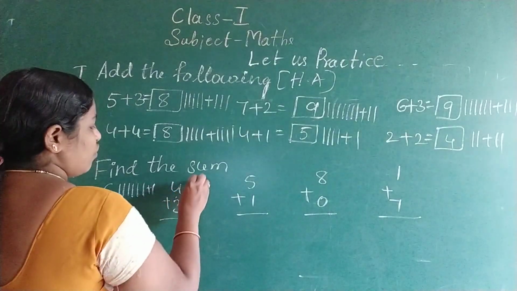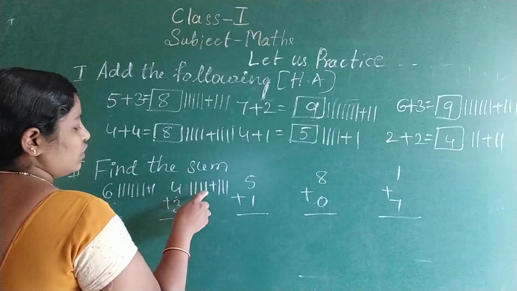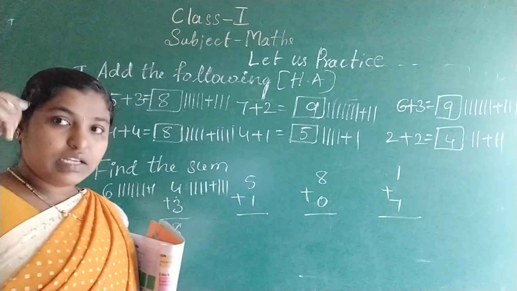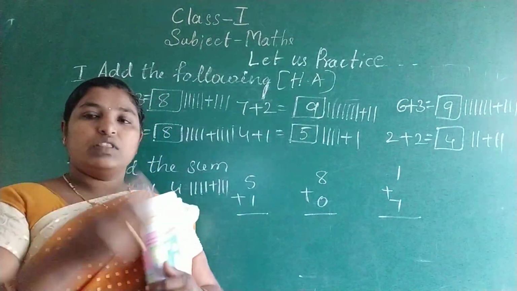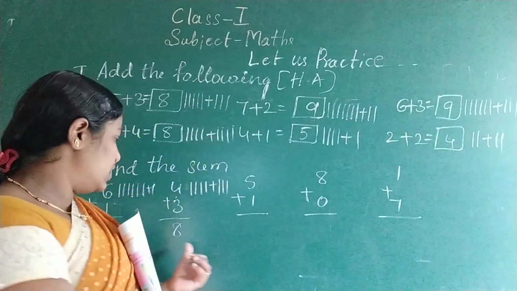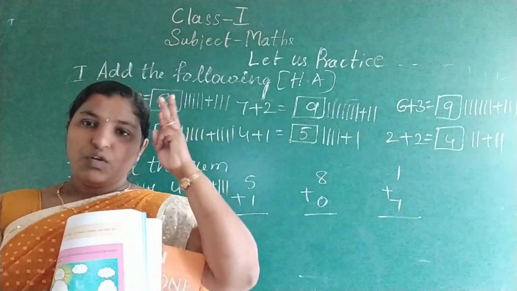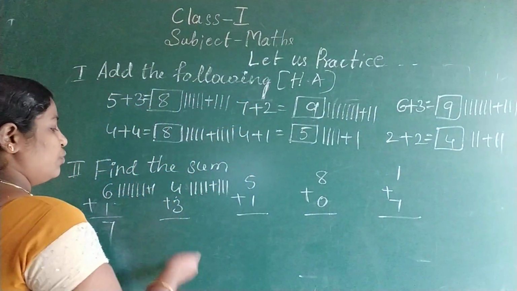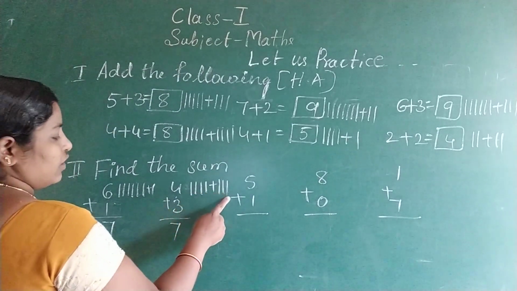Here also 4 lines plus 3 lines. 4 keep it in your mind, 3 in your hand. 4, 5, 6, 7. 4 plus 3, the answer should be 7. 1, 2, 3, 4, 5, 6, 7.